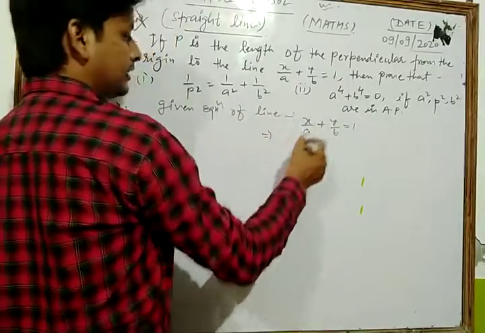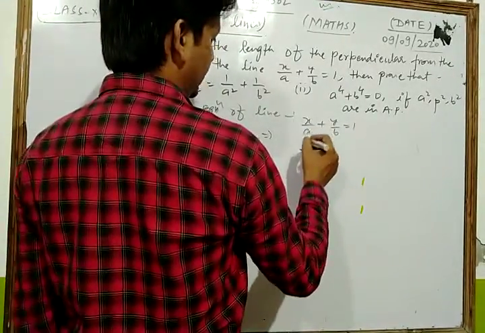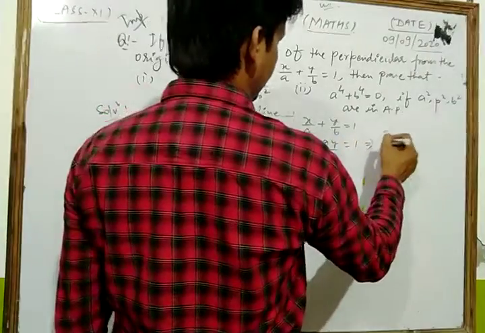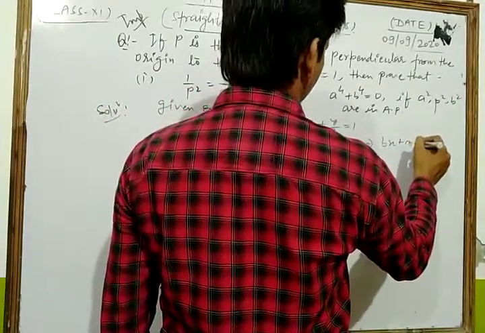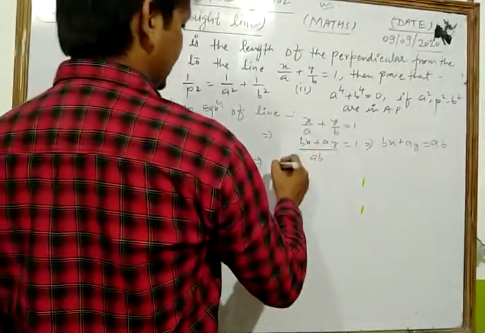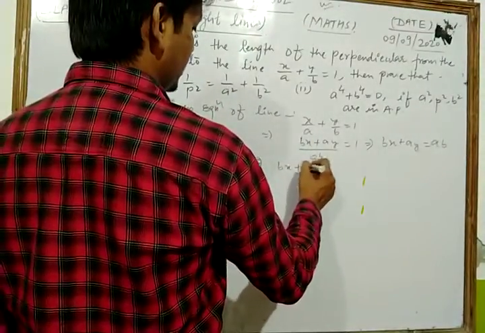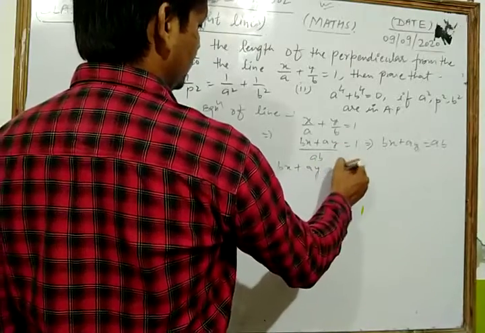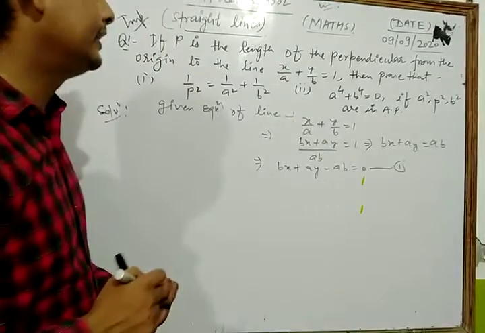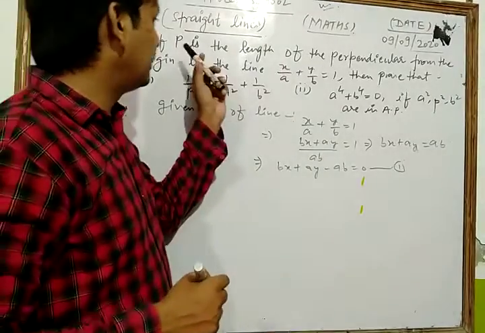First of all we take the LCM ab, and here we write bx plus ay is equal to ab. That is, we can write the given equation as bx plus ay minus ab is equal to 0. Take this as equation number 1. And dear students, here p is the length of the perpendicular from the origin.